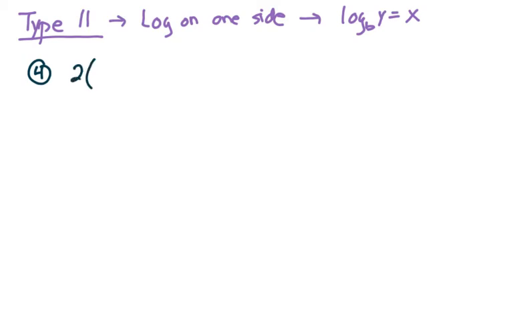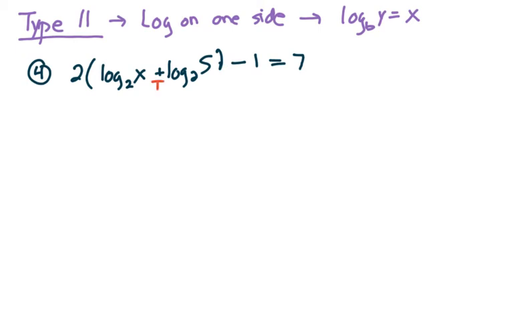So let's do 2 times log base 2 of x plus log base 2 of 5 minus 1 equals 7. So the first thing that I kind of want to do here is this inside parenthesis, I can combine these logs using our laws of logs that we did previously.